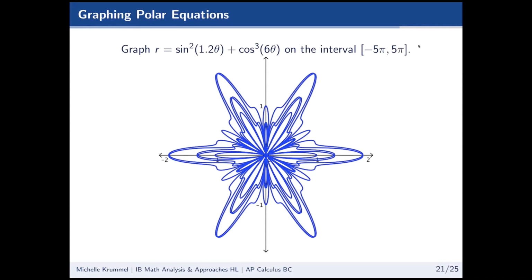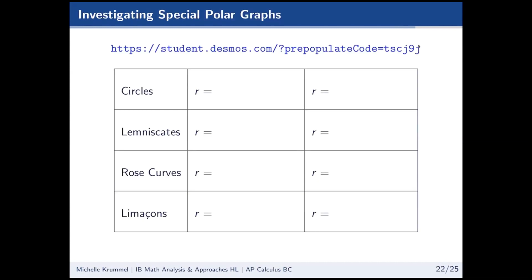Now, obviously, this is not a function in the Cartesian coordinate system. And just like we saw with our parametric equations, we could find the arc length of this graph just from that one single equation, as long as we're working in polar form. Now, to finish up this lesson, I'm going to ask you to follow this link to go to this Desmos activity, and you're going to be investigating some special kinds of polar graphs.